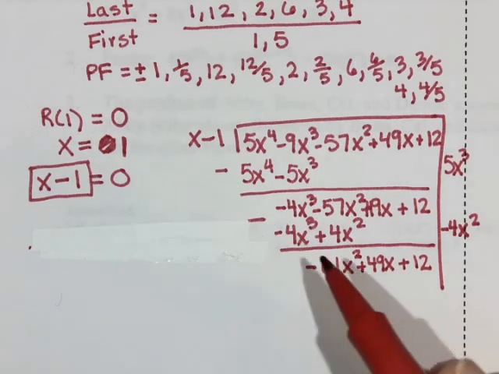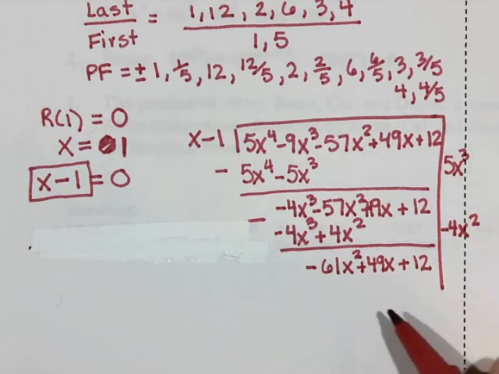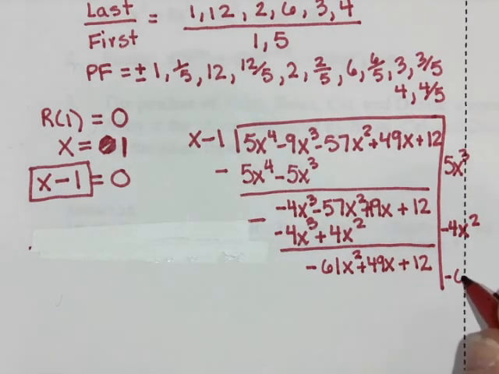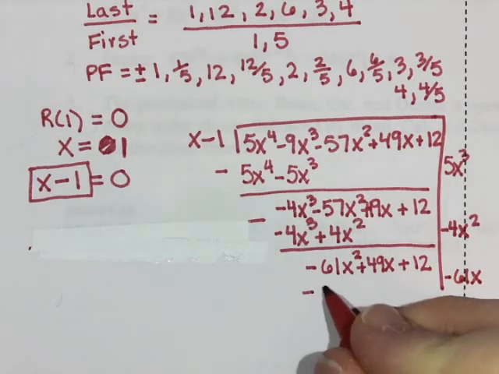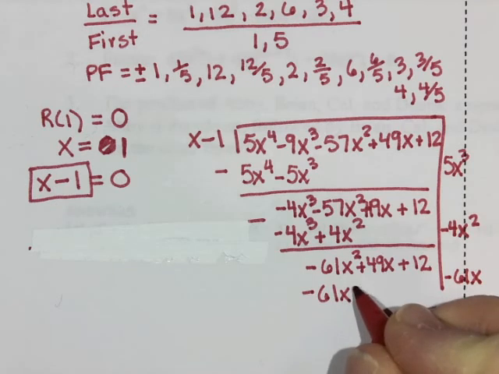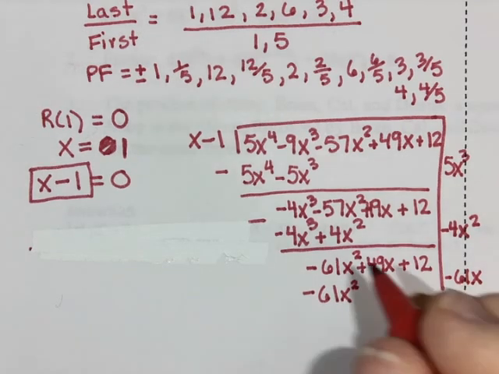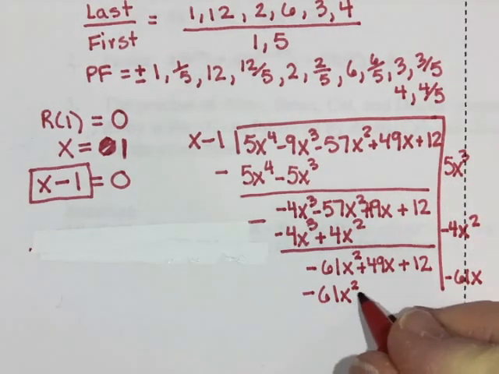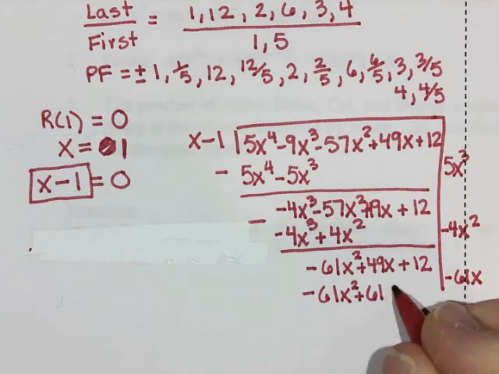Okay, how do I turn an x into a negative 61x squared? I multiply by negative 61x. So this is going to be negative 61x squared. And then negative 61 times negative 1 is positive 61x.